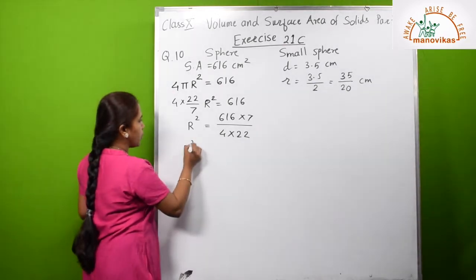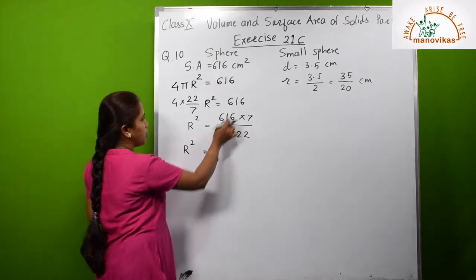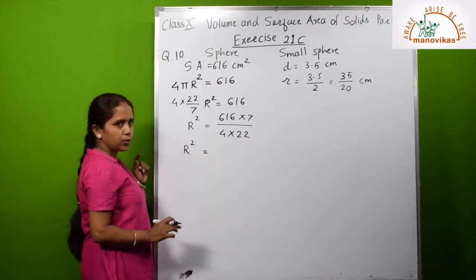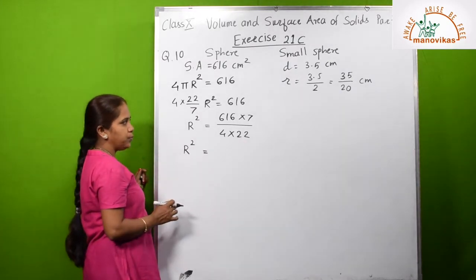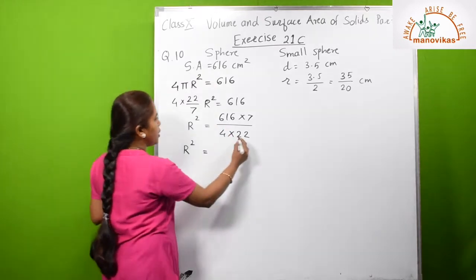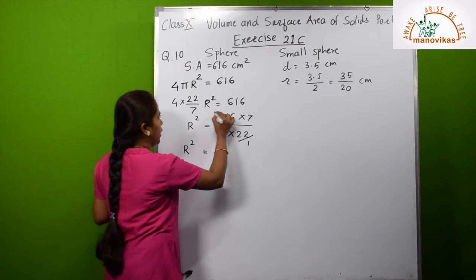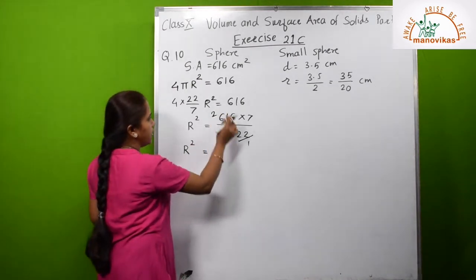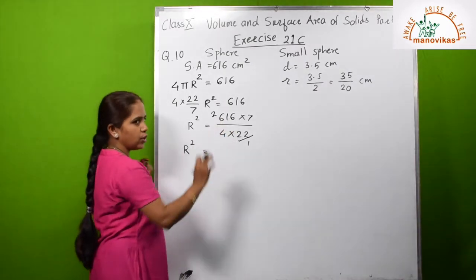So if you divide first by 4 and then 22, you will get the r square value, and then we can find the r value.